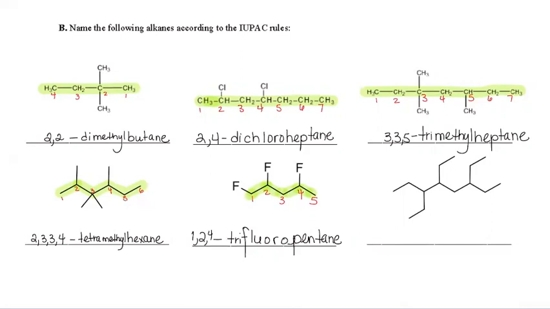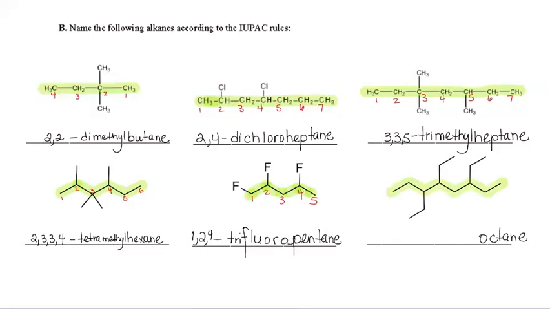Let me see, who got this? Put it in the chat. Ooh, I like that name. 1, 2, 3, 4, 5, 6, 7, 8. That's where the octane comes from. Thank you, Francisco and Marisol. Thank you, April. Great job.